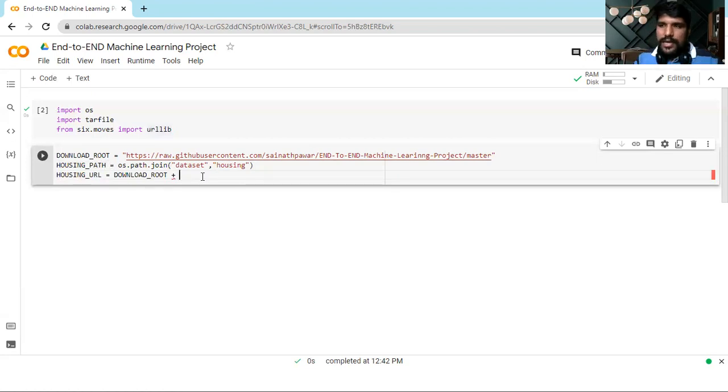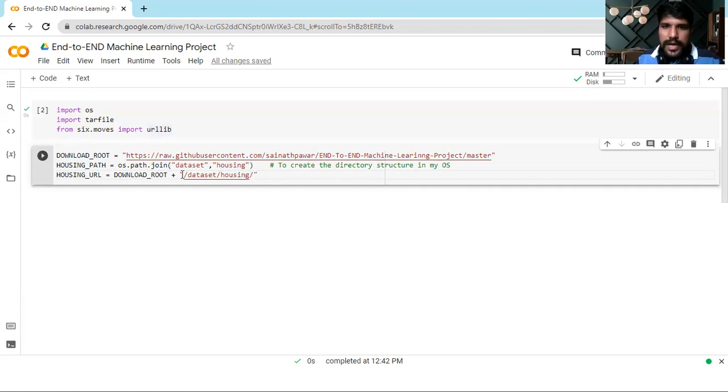Otherwise I can also mention it like this. I did this to create the directory structure in my OS.